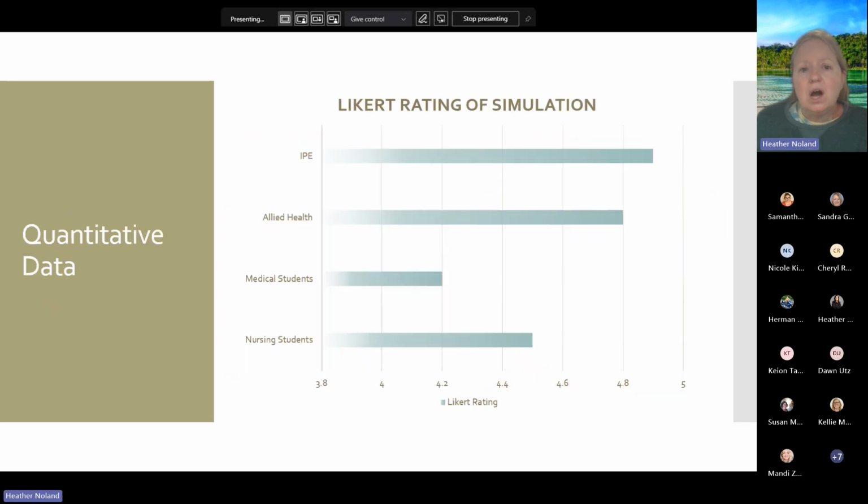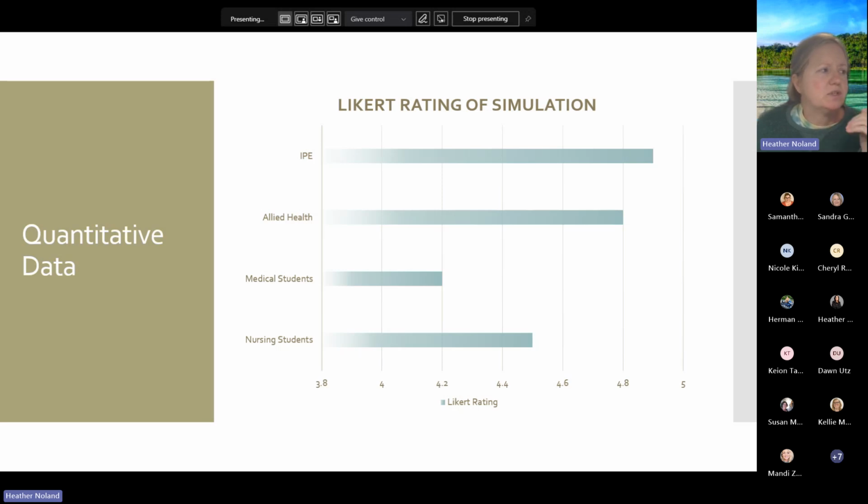And so when we're talking about numerical data, a lot of what we are looking at is quantitative. So on this graph here, you'll see this is looking at Likert ratings. Most Likert ratings are 0 to 5. And you can see the different groups that are using simulation. So this is looking at a simulation program.